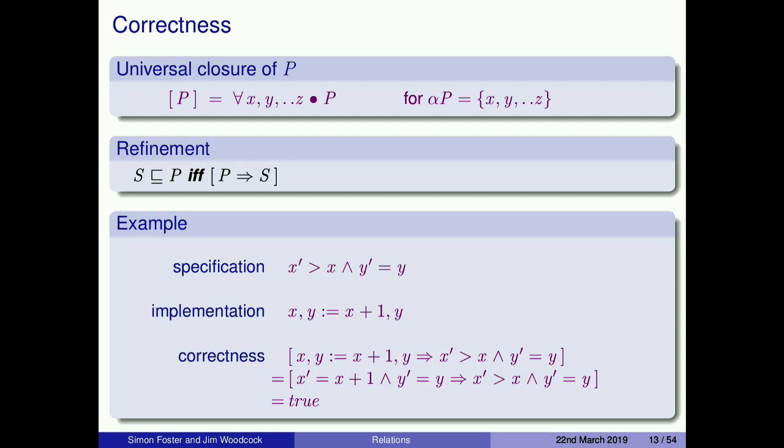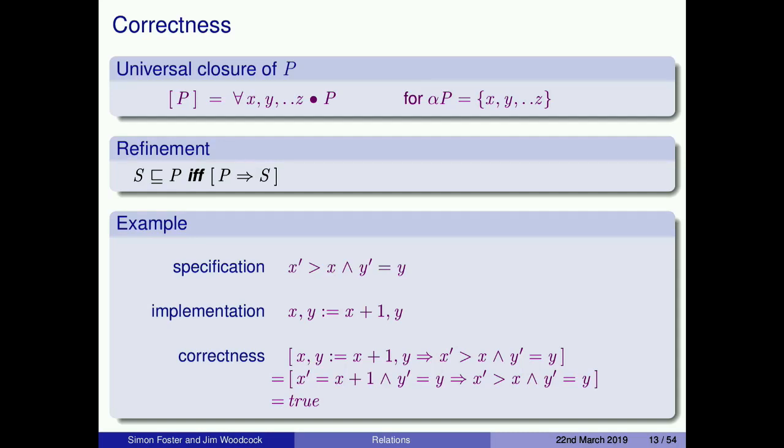So in particular, it is the case that x primed is greater than x is refined by assign 1 to x. Now, of course, assignment is doing lots of other things, but you get the idea.